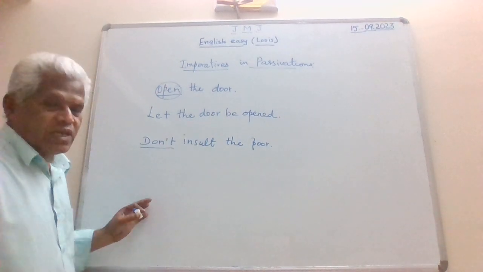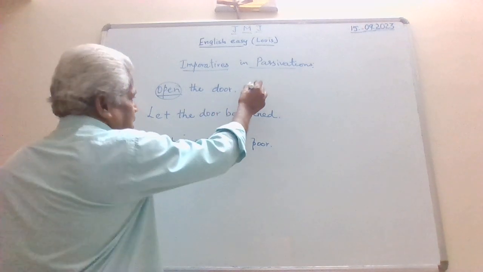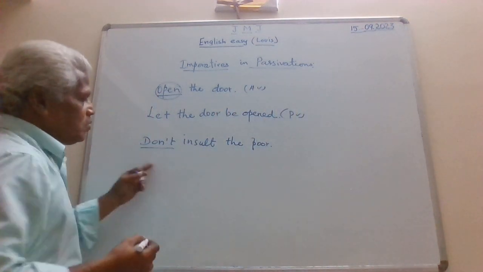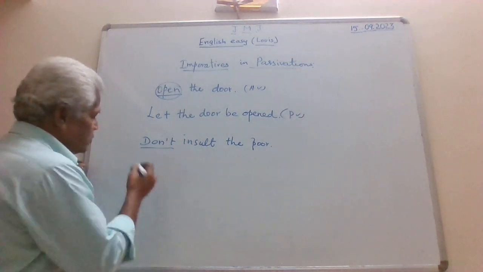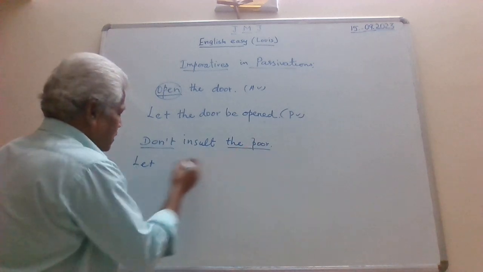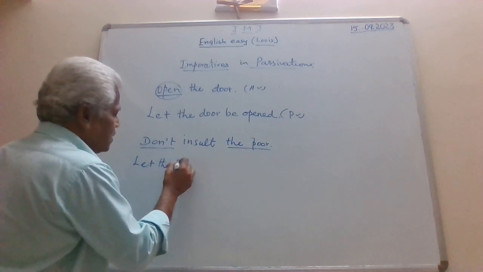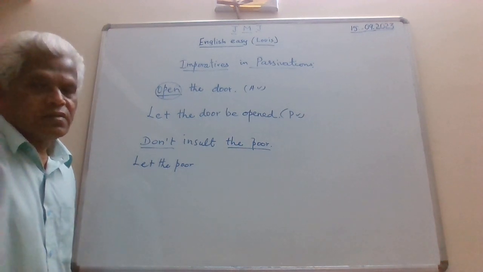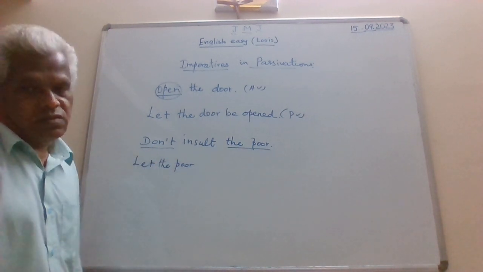And so, how will you change this into passivation? This is active voice and this is your passive voice. So, don't insult the poor. Begin with let. And what is the subject? The poor. That is the noun here. So, let the poor, don't.